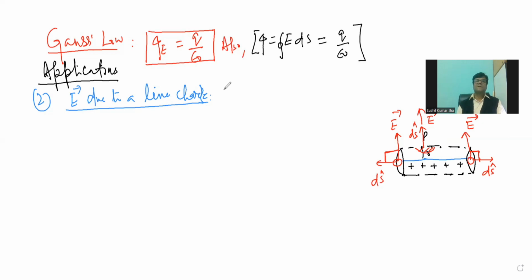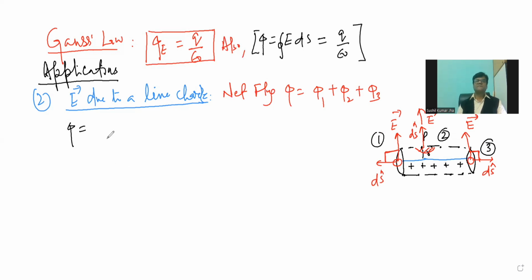Now the net flux phi is equal to, let's write, phi 1 plus phi 2 plus phi 3 due to three surfaces. Let's take the left side surface as the first surface, the curved surface as the second surface, and the right side one as the third surface.